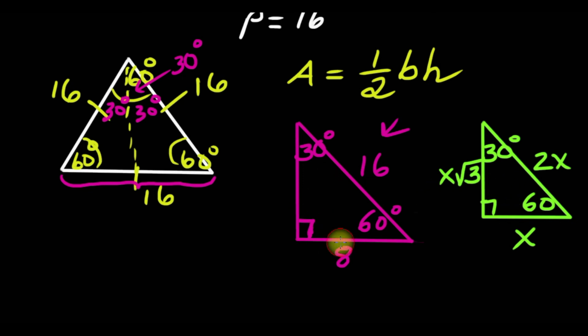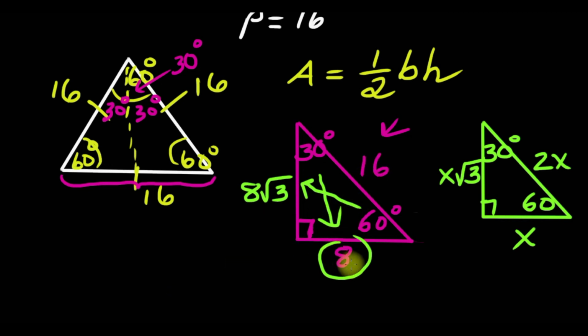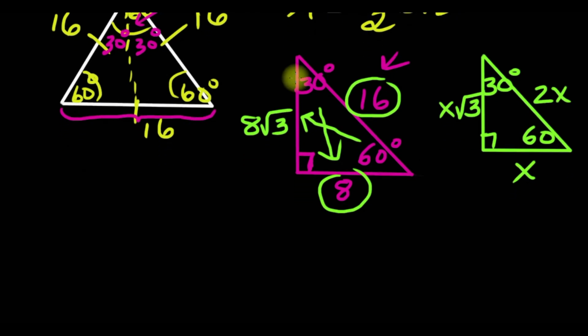As you can see, the 8 here is opposite from 30 degrees. So the side that's opposite from 60 degrees is going to be square root of 3 times longer than the side opposite from the 30 degrees. So this is going to be 8 square root of 3. And then the hypotenuse is double the side opposite from the 30 degrees, so double 8 is 16. That makes sense. Okay, so now look, we have the height.